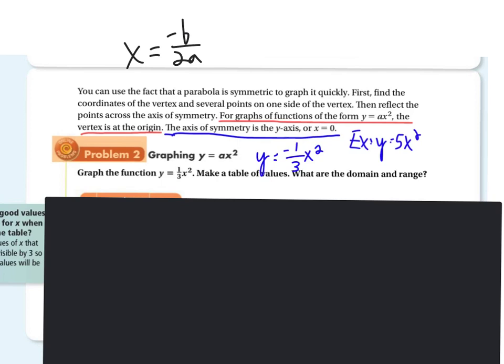We don't have an x, we just have an x squared. So that's going to be 0, every time. So that's why the line of symmetry or axis of symmetry is always x equals 0, which is the y-axis.